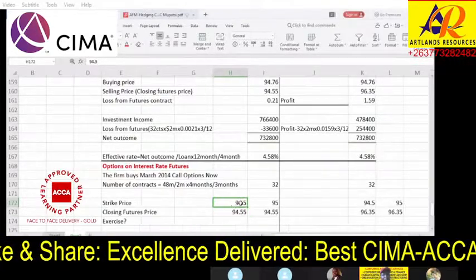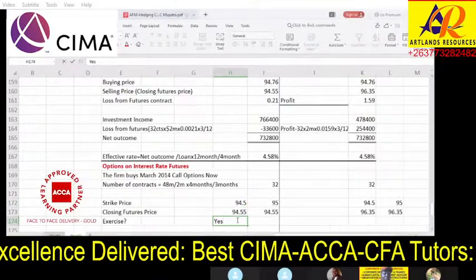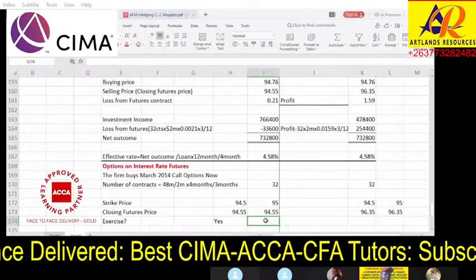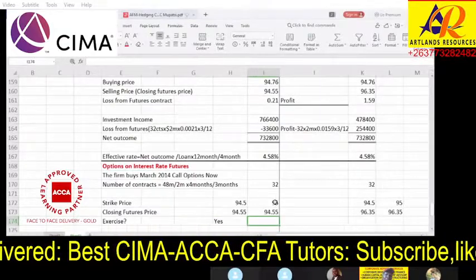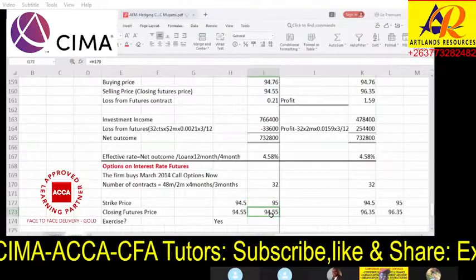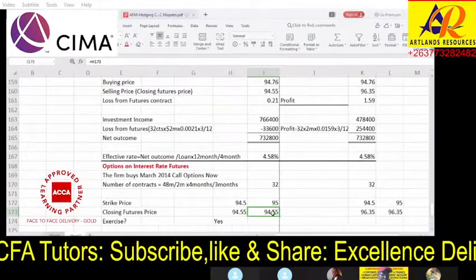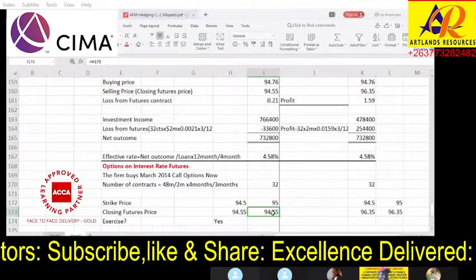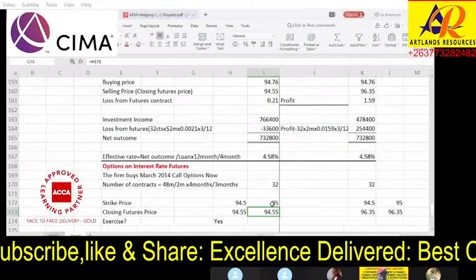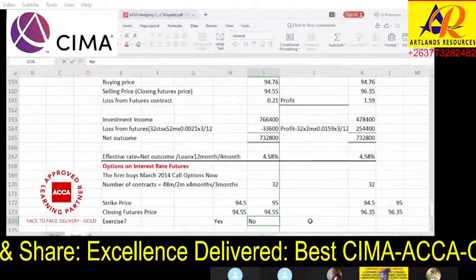Now, if I buy at the option strike price, I am said to have exercised the option. Can I buy at 95 or can I buy at 94.55? I can't buy at 95. I would go to the futures. Because I have not used the option, I say I have not exercised it.